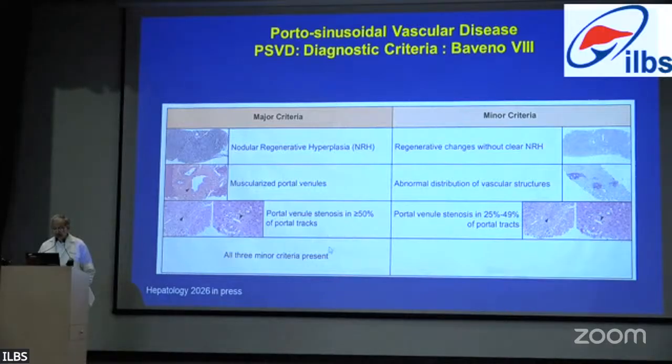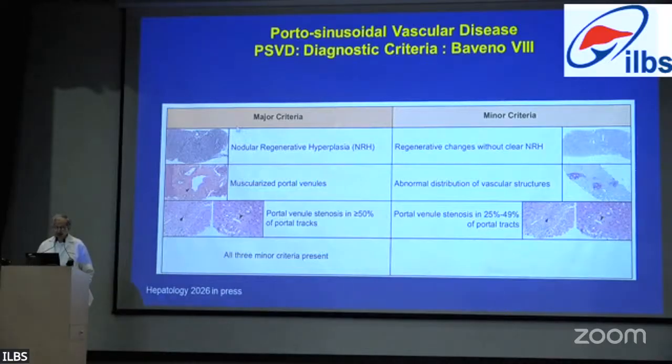Thirdly, obliterative portovenopathy, which was the basic criterion, has been changed to portal venule stenosis of more than 50%. Say you are seeing 4 portal tracts and only one is there, what will you do? It is again going to be a challenge. Second, the word stenosis is for a short area, and this is a defined term, stenosis partial complete.